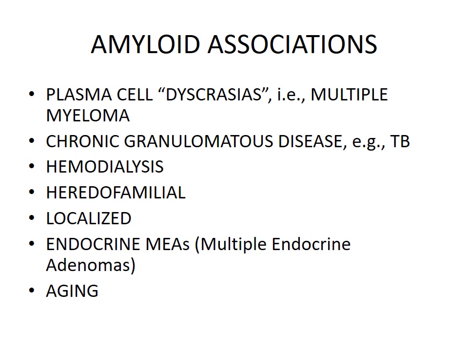The localized form of AL is immunocyte-derived amyloid with associated plasma cell infiltrate and nodular deposits, and it can occur in lung, skin, bladder, and tongue.